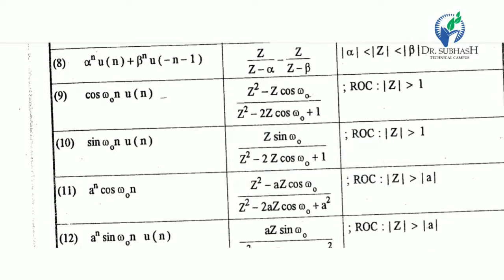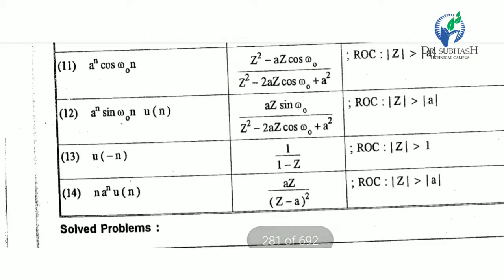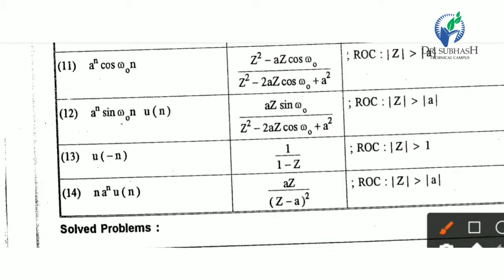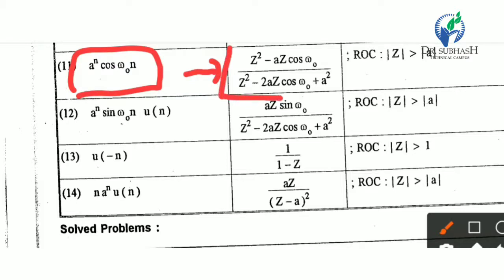For a raised to n cos omega 0 n, the Z transform is z square minus a z cos omega 0 divided by z square minus 2a z cos omega 0 plus a square, and the ROC is mod z greater than mod a.